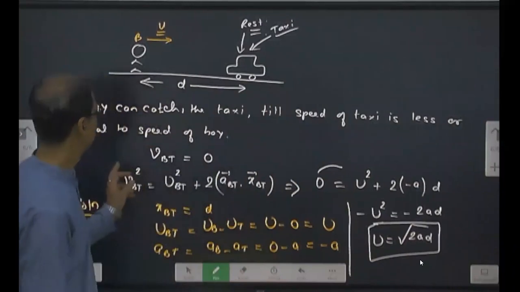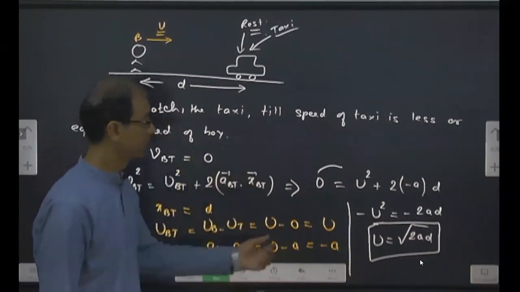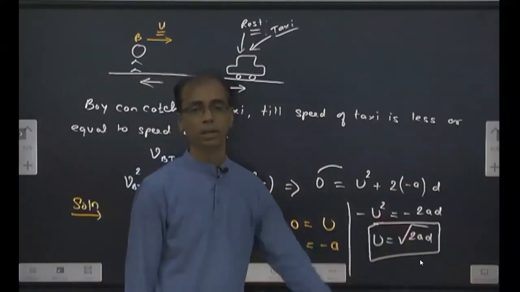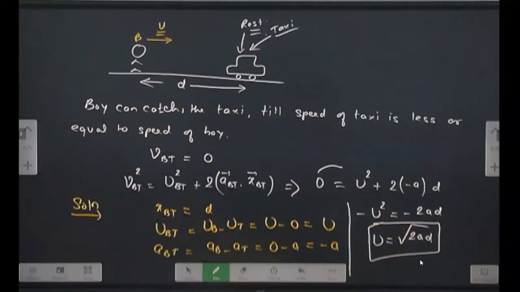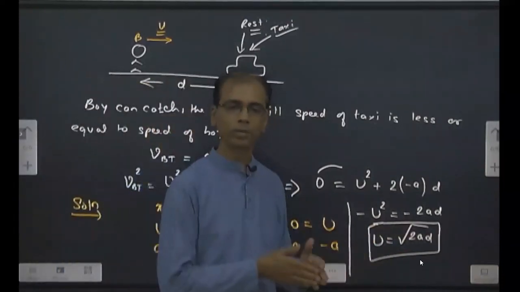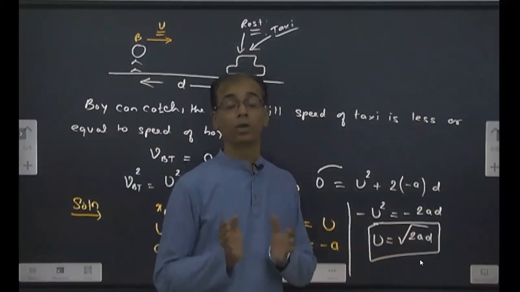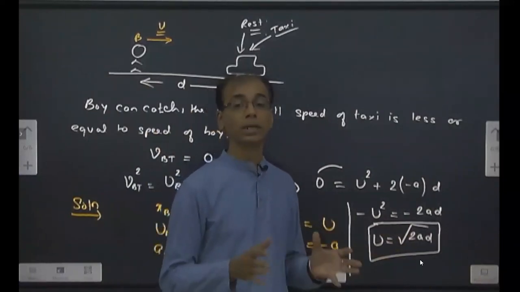That's what he's asking, no? What should be the speed of the boy so that he can catch the taxi? It should be equal to root over 2ad. Did you understand? Yes, sir. Students, everybody understood, no? If he was asking time, we would have solved with the second equation. There was no problem in it. But he didn't ask.